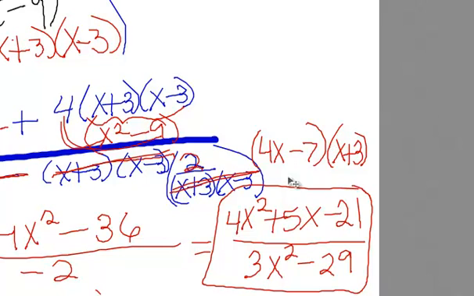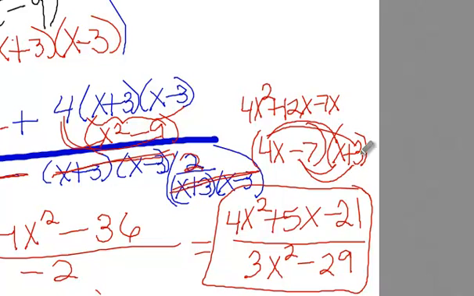And when you simplify this and multiply it out, watch what happens. This 4x times x becomes 4x squared. The 4x times 3 becomes a 12x. The negative 7 times x becomes a negative 7x. And negative 7 times 3 becomes negative 21.